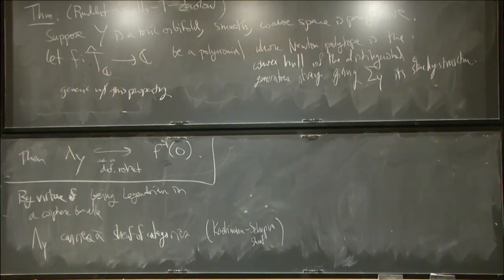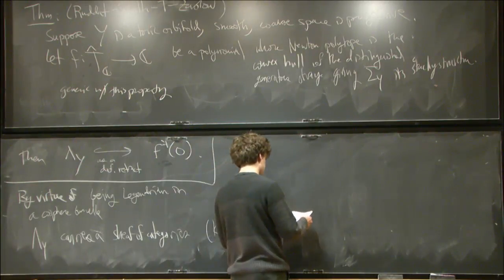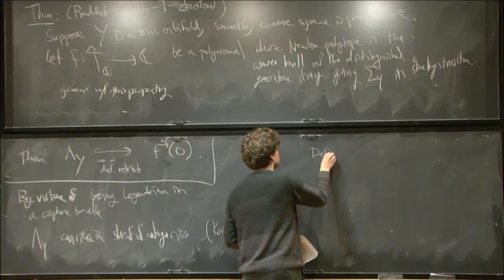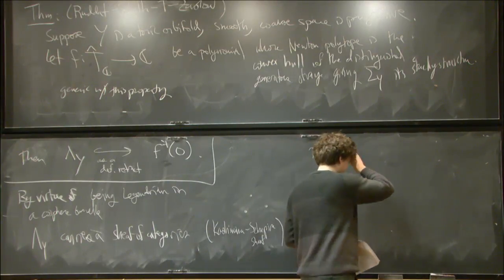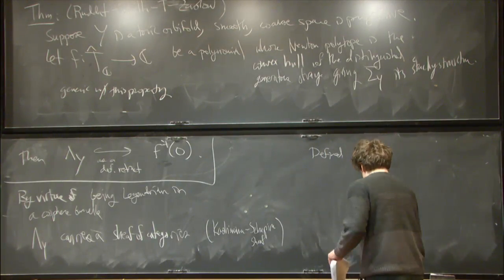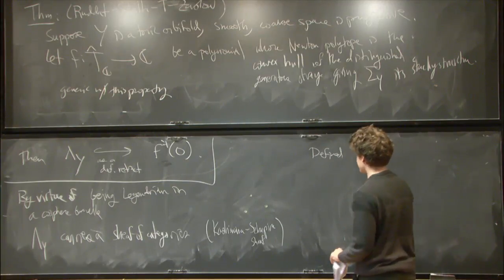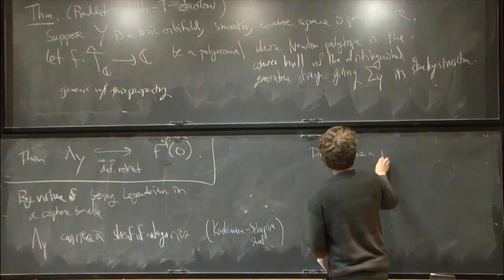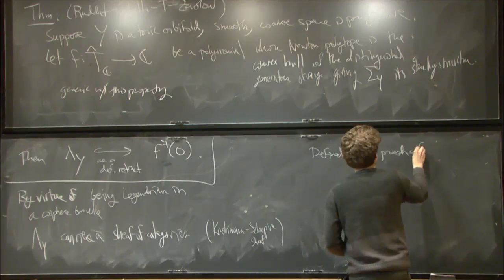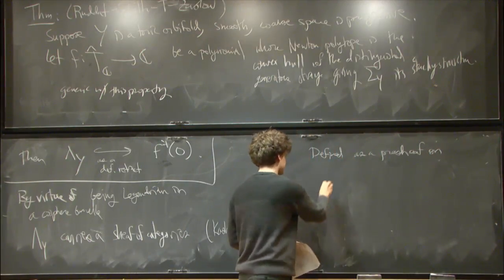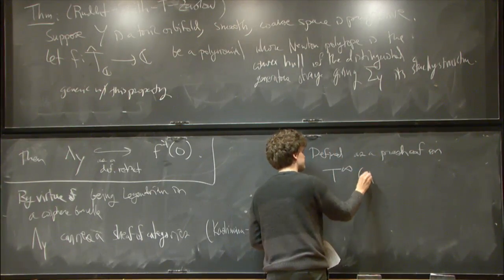So this sheaf, really, is defined by Kashiwara and Shapira in their book as a pre-sheaf first, directly on the co-sphere bundle.